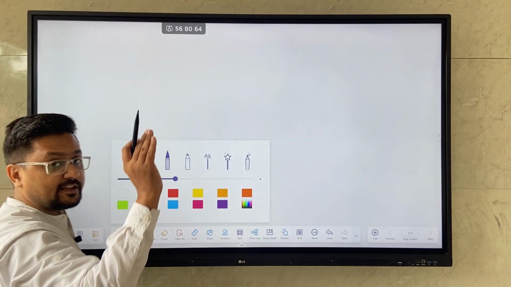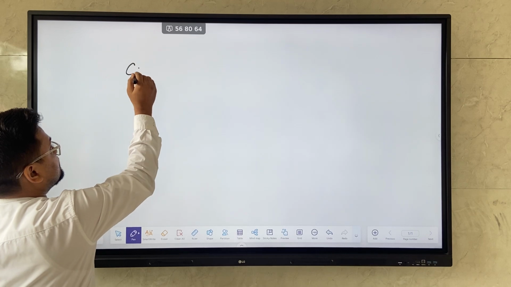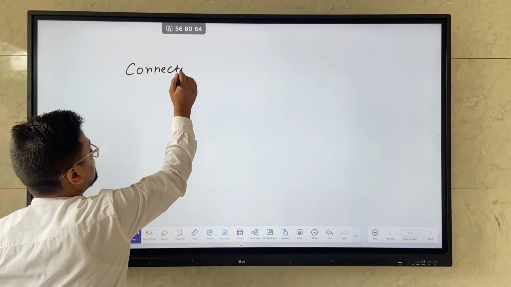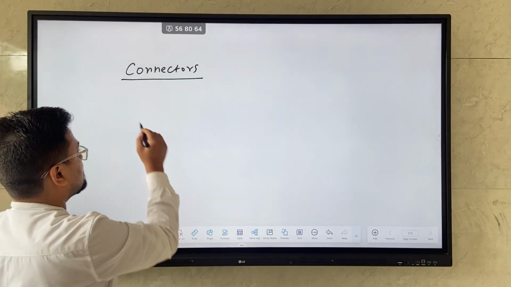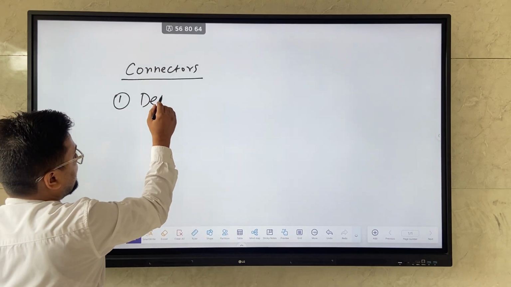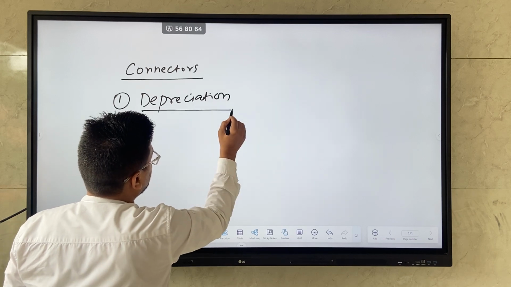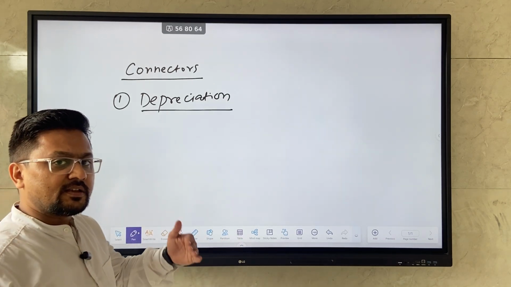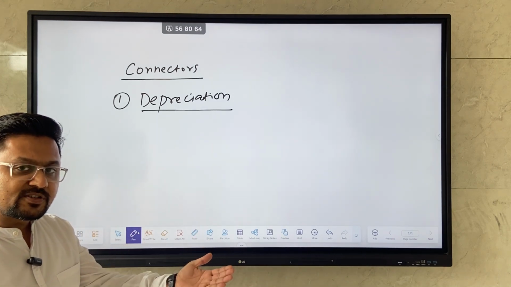So first thing that you need to keep in mind is that there are three connectors. So what are those three connectors? Number one, depreciation. Now depreciation is also known as consumption of fixed capital, capital consumption allowance.